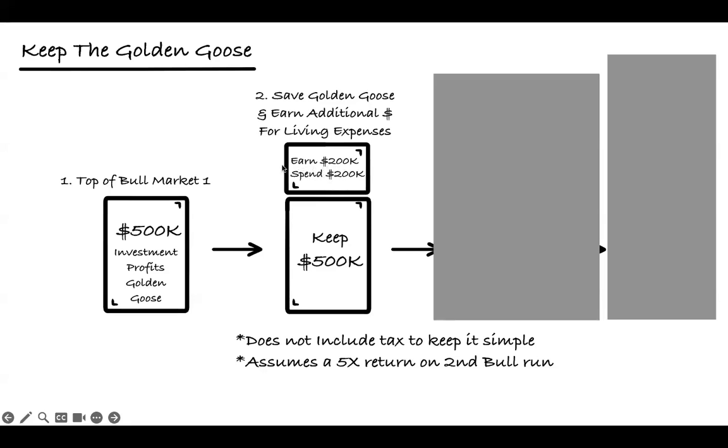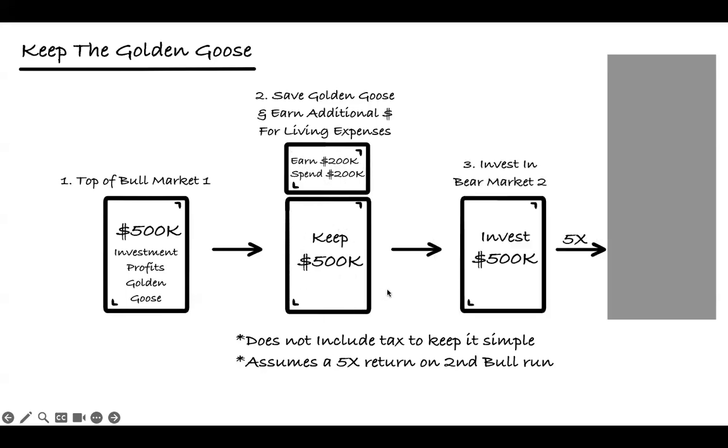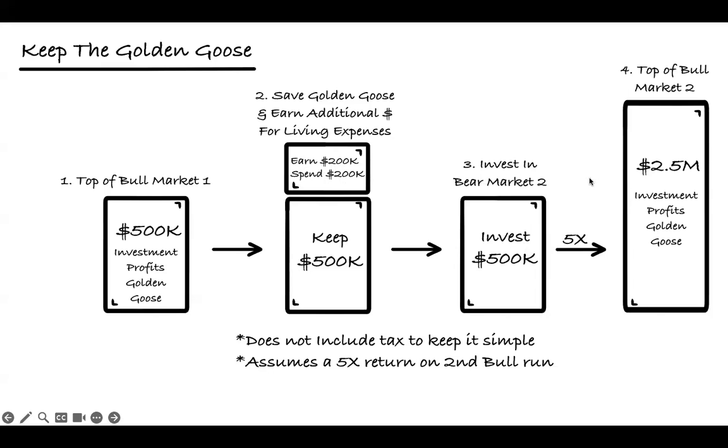That covered those expenses, so we didn't need to spend that $200,000. So we kept the $500,000. We kept that $500,000 there over that 4-year cycle. Well, then when we invested that same $500,000 in bear market two, if we were to achieve a 5x return, we now have a total profit at the end of bull market two of $2.5 million, as opposed to $1.5 million.